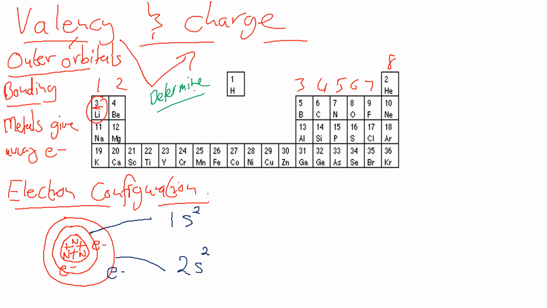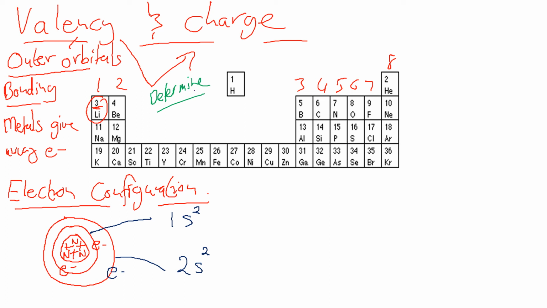So in lithium's case, this electron will be given away during a reaction. So let's have a look now at how we would understand the charge based on the electron configuration and the valency.